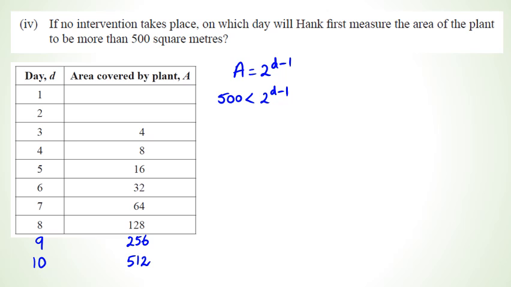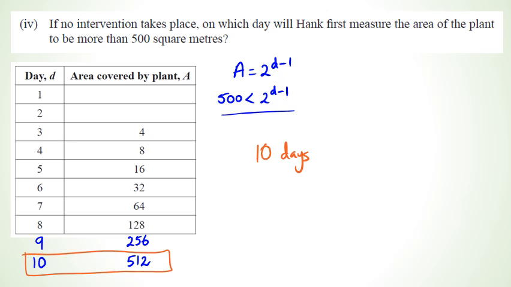Then you can see that the answer you're looking for is actually 10 days. Okay, so you can write it like this and then you can actually solve it. But remember, you can do it a much faster way by just looking at the table. And this question here will be an achieved. Okay, off we go to the next one.